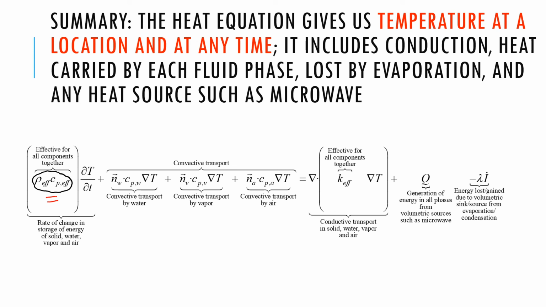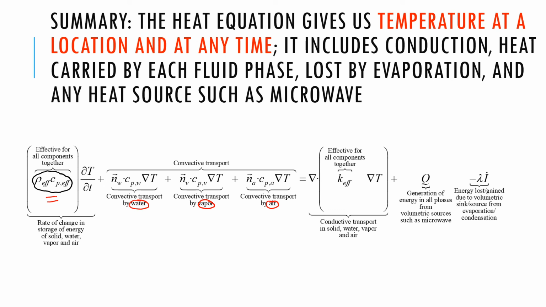Then the convective transport is by each phase, water, vapor, and air. And remember, transport includes a flow of the liquid as well as diffusive type movement of, not just the liquid, the fluid.